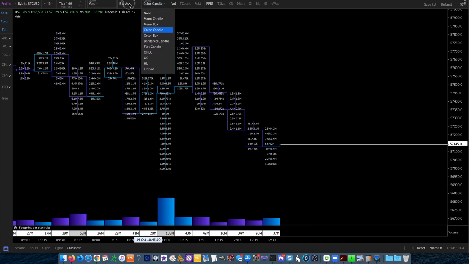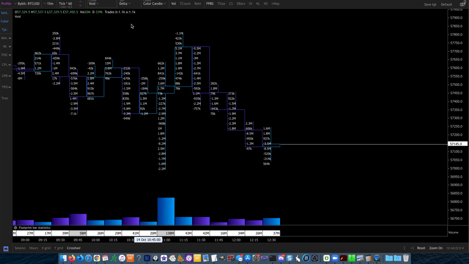And if we come to the delta, we can see now that we have 662,000 overall delta positive, which basically means there's 662,000 more buys than sells.